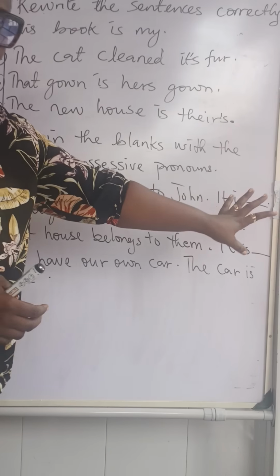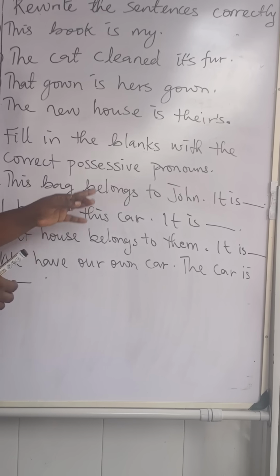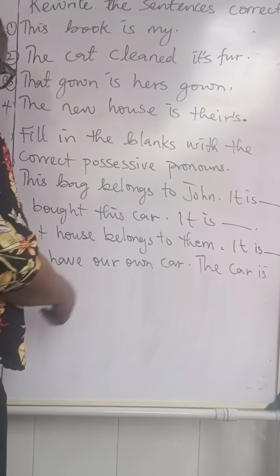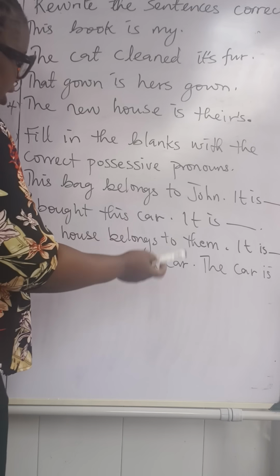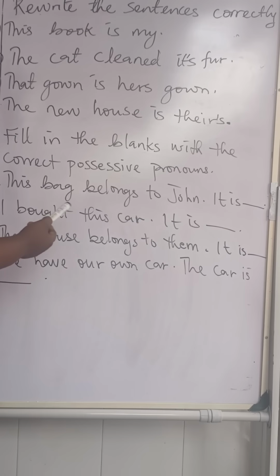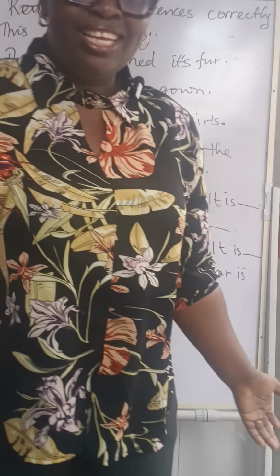It is dash. Seven says that house belongs to them. It is dash. The possessive. We have our own car as number eight. The car is dash.